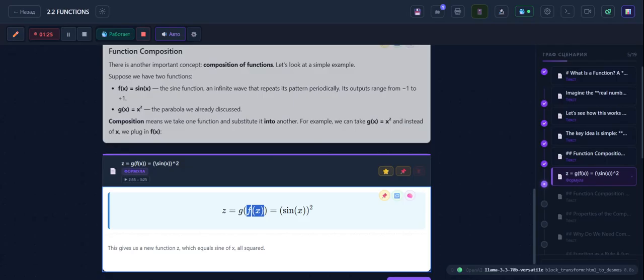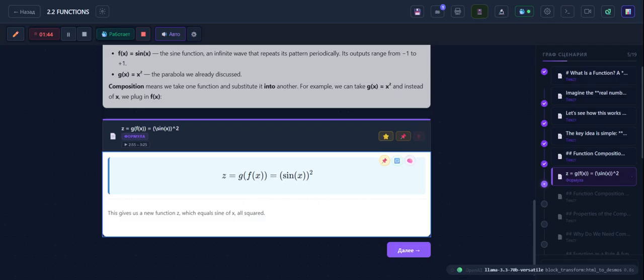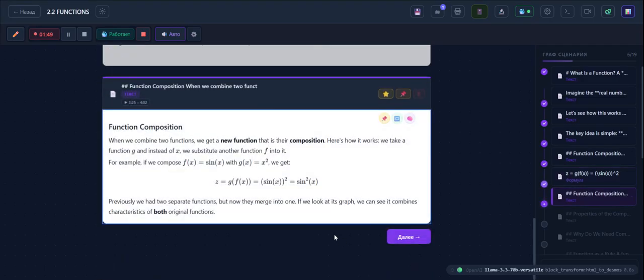Here we substitute it with f of x, in this case sine of x. So we substitute f of x with sine of x, and we get sine of x squared. So basically, again, this is how it looks.